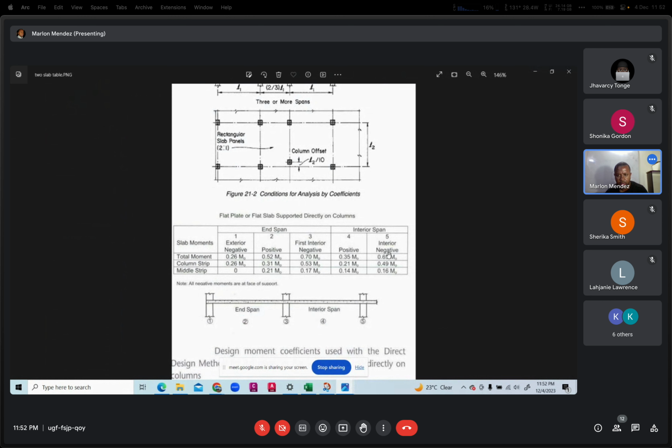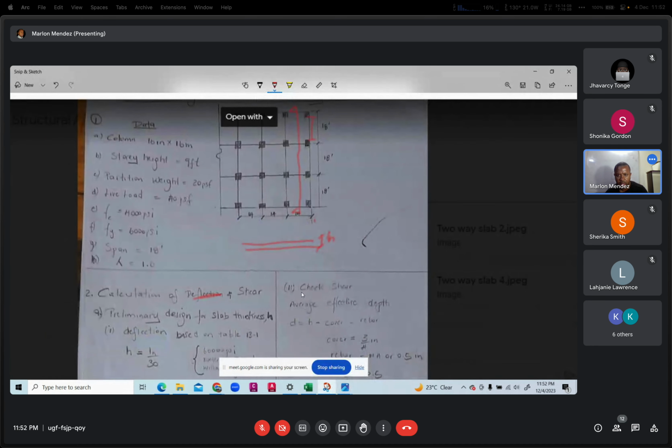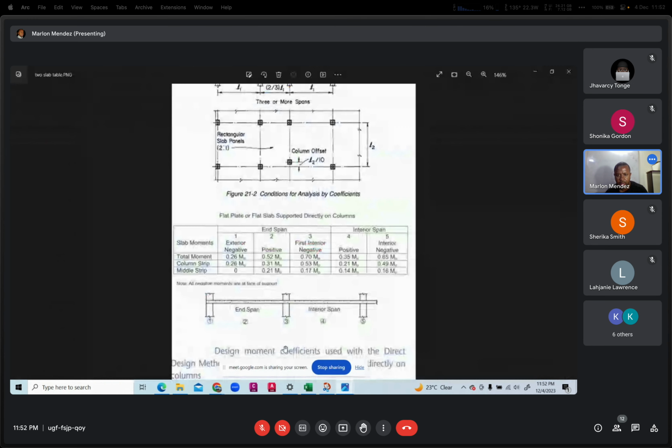This is the interior negative. Based on this, it would go back to the end span basically. So this replicates itself over on this other side, if you understand what I'm saying.